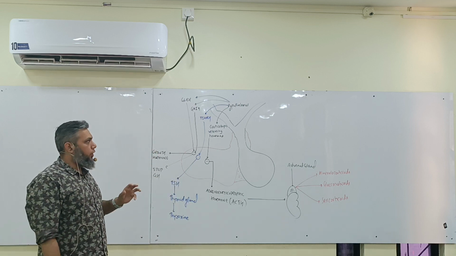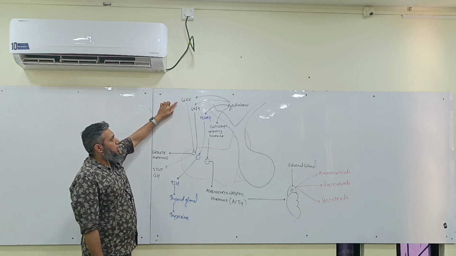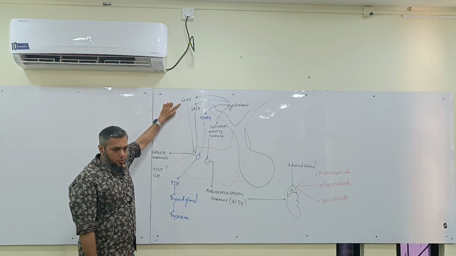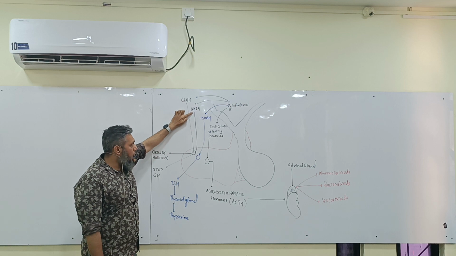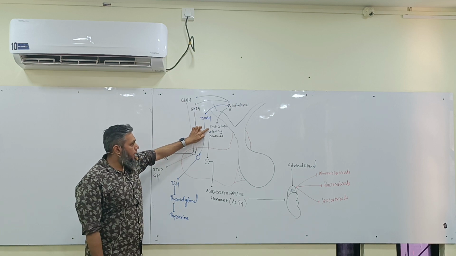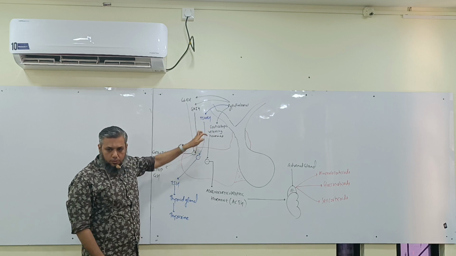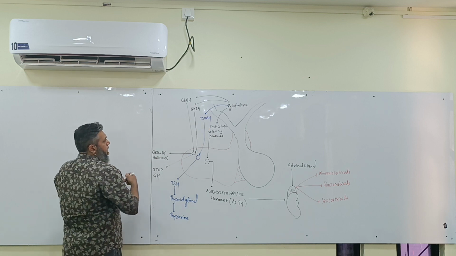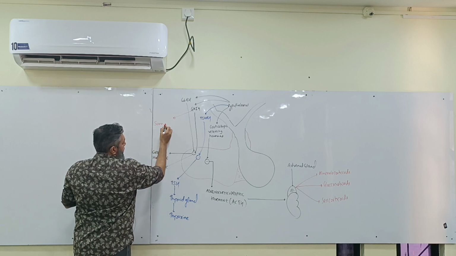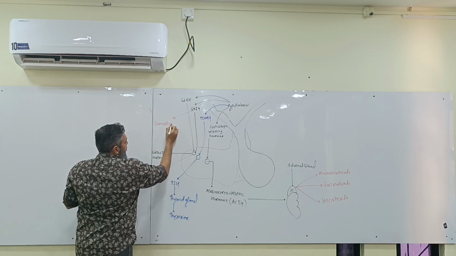Okay, so till now hypothalamic hormones are GHRH, GHIH, TSHRH and CRH, in which the other name for GHIH is somatostatin.